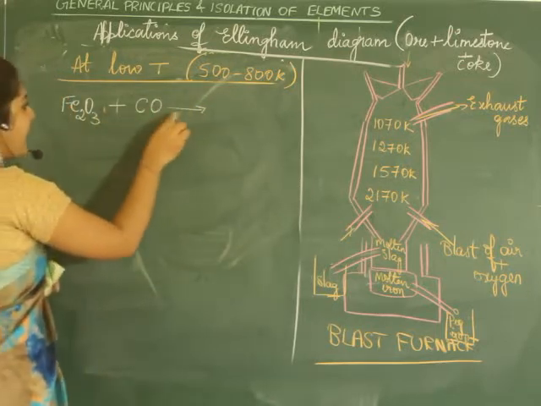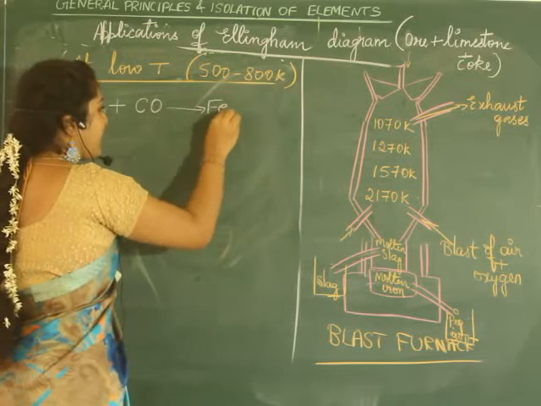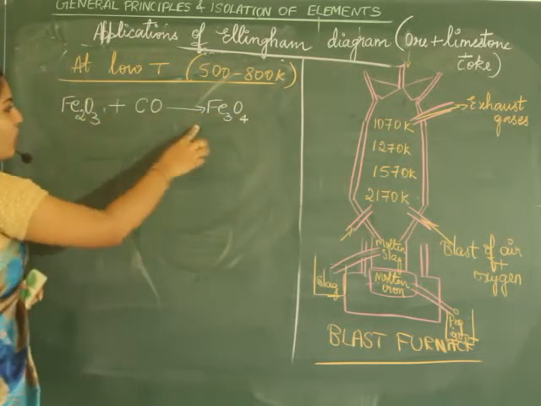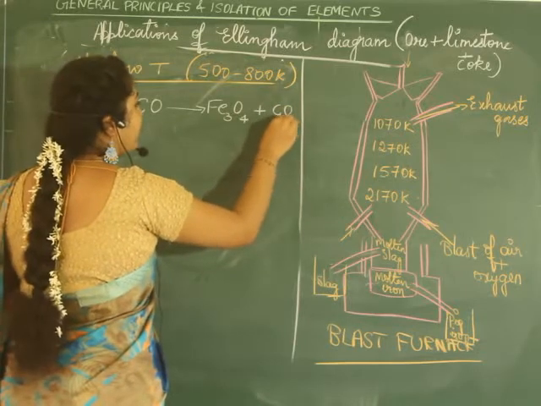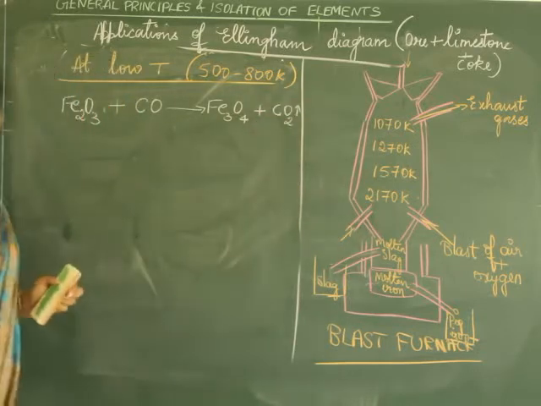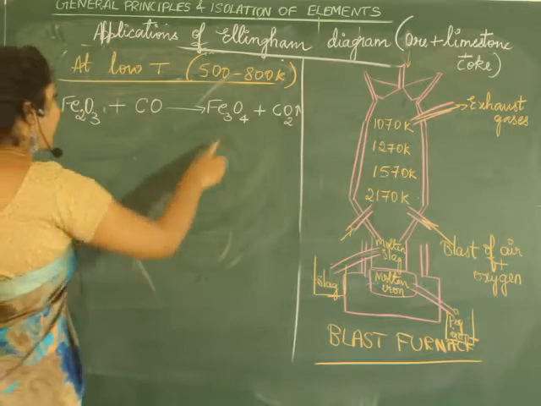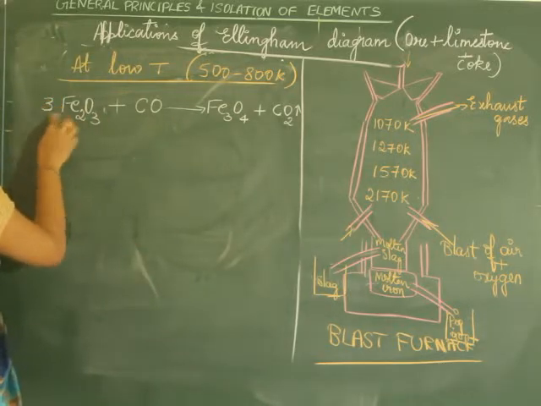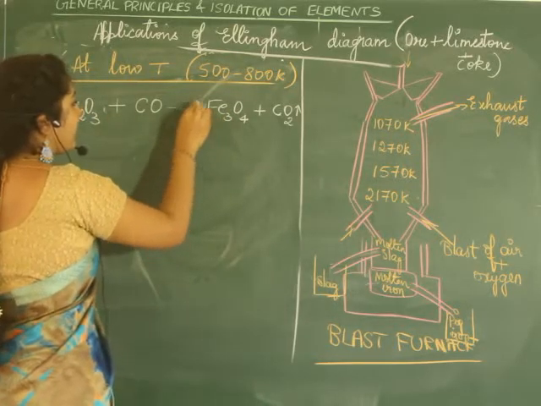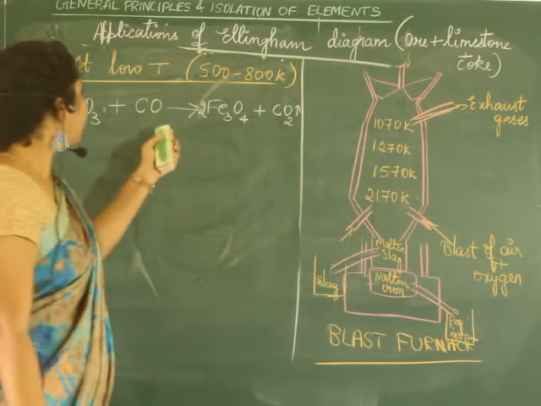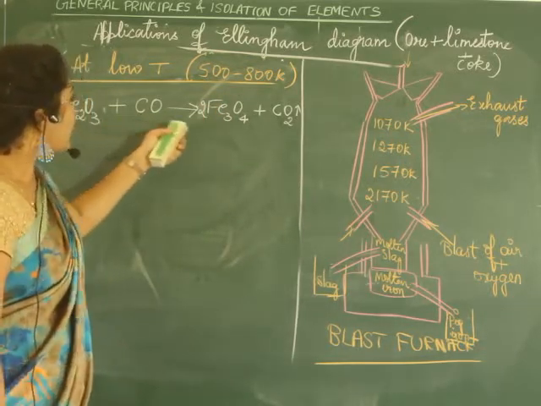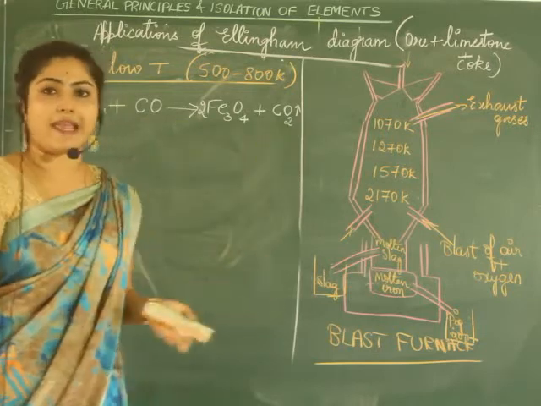It can be converted into Fe3O4, one possibility, along with the liberation of carbon dioxide. So here it is 3, I'll make it 3. 3 2s are 6, so we will write 2 here. Clear? Here 3 3s are 9, plus 1 is 10, 4 2s are 8, 9, 10, balanced.